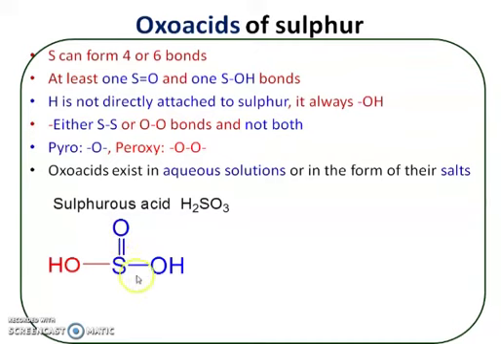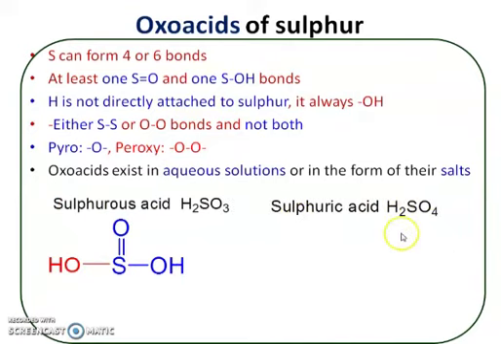Now count the bonds for sulfur. A double bond means 2, 3 and 4. There are 4 bonds for sulfur. Now 3 oxygen atoms are there, and 2 hydrogen atoms are there. So this is the structure of sulfurous acid.